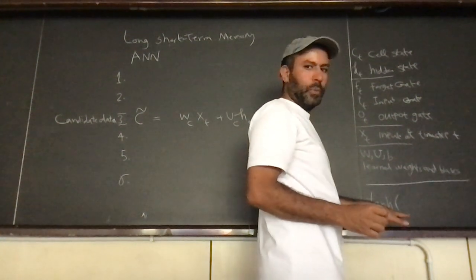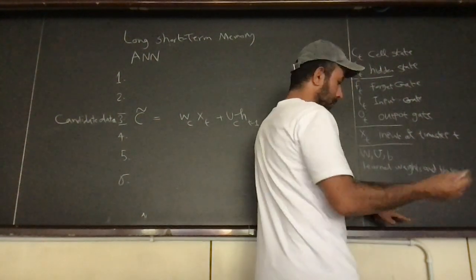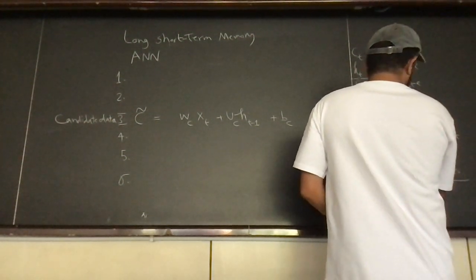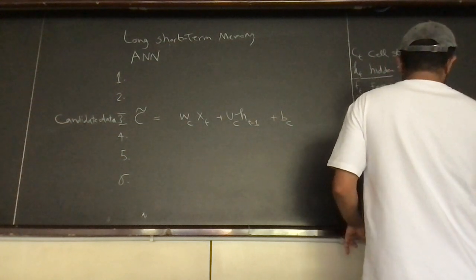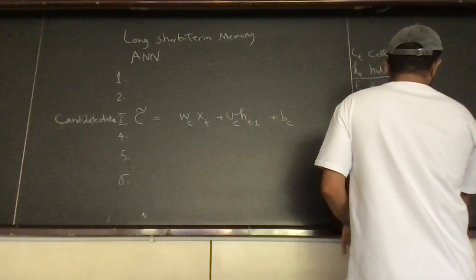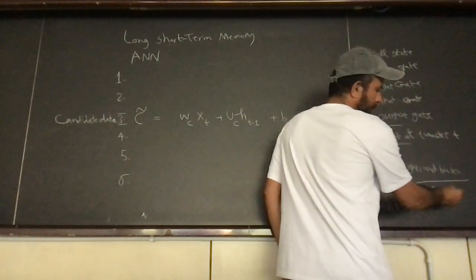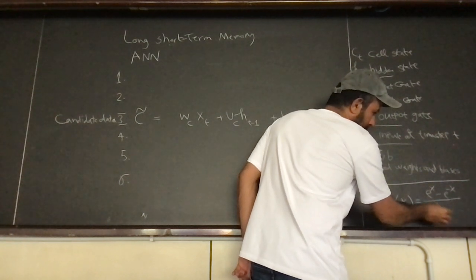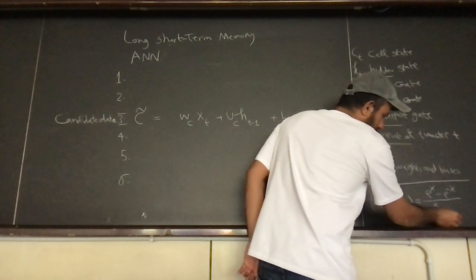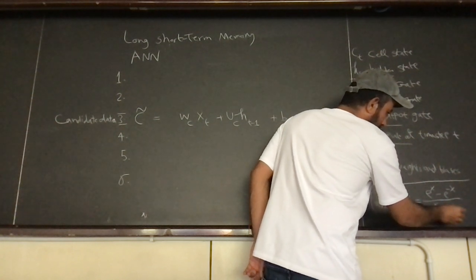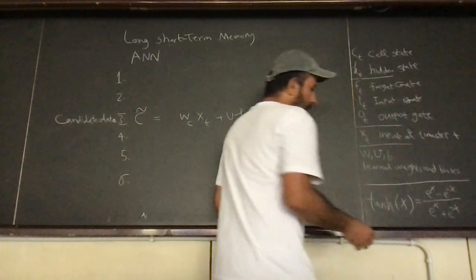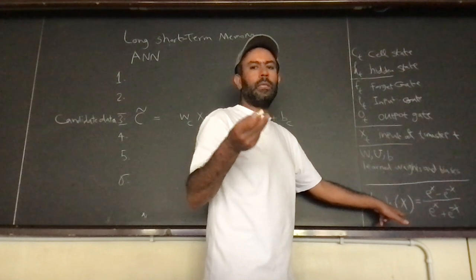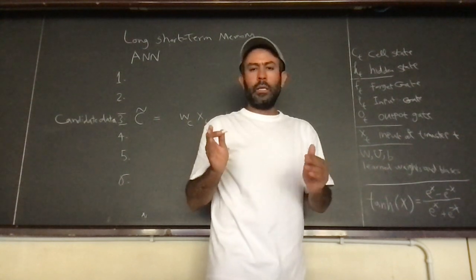It takes any vector, for example x, and it's very simple: e raised to x minus e raised to minus x, divided by e raised to x plus e raised to minus x. The result now, if this is a vector, its values will be squashed into a range between -1 and 1.